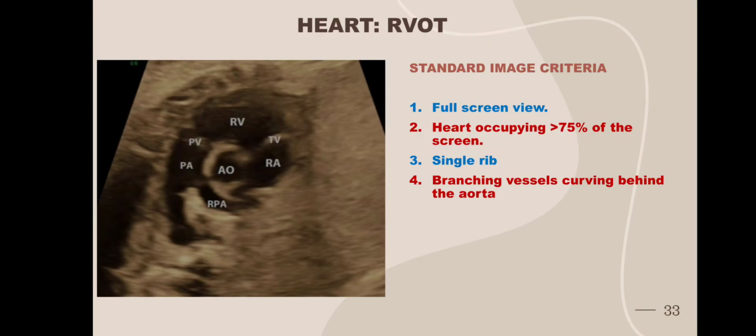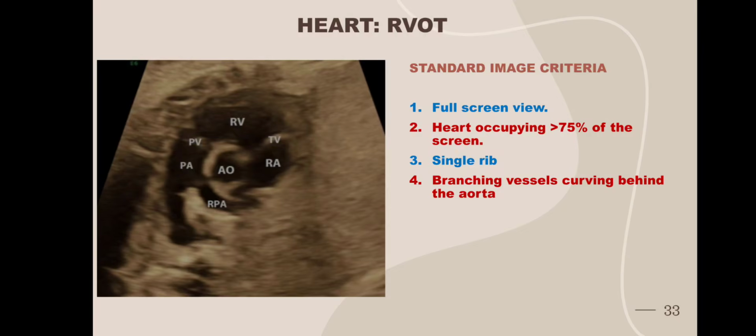Now come to RVOT. Further cranial angulation demonstrates the right ventricular outflow tract. Here, the pulmonary artery should arise from the right ventricle and curve gracefully behind the ascending aorta. See the branching of the pulmonary artery.